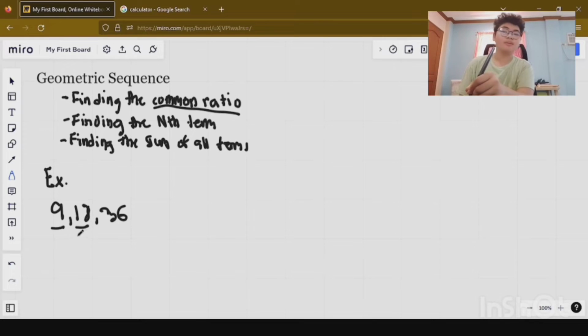So 18 divided by 9 is 2. 36 divided by 18 is 2. Now, as we can see here, 2 is our common ratio since these two are the same.